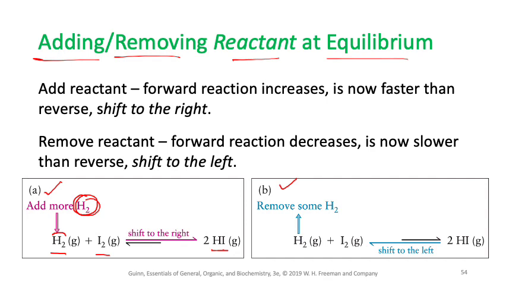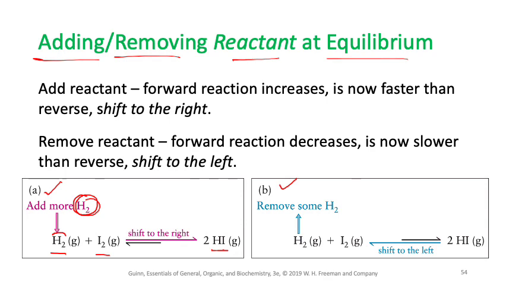So now the reaction will see this addition of hydrogen gas, or addition of more reactant, as a disturbance, and then it has to balance this hydrogen gas concentration again.